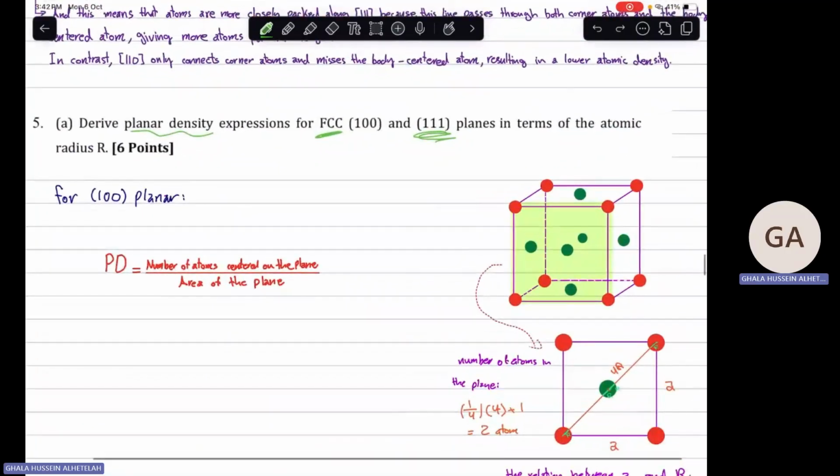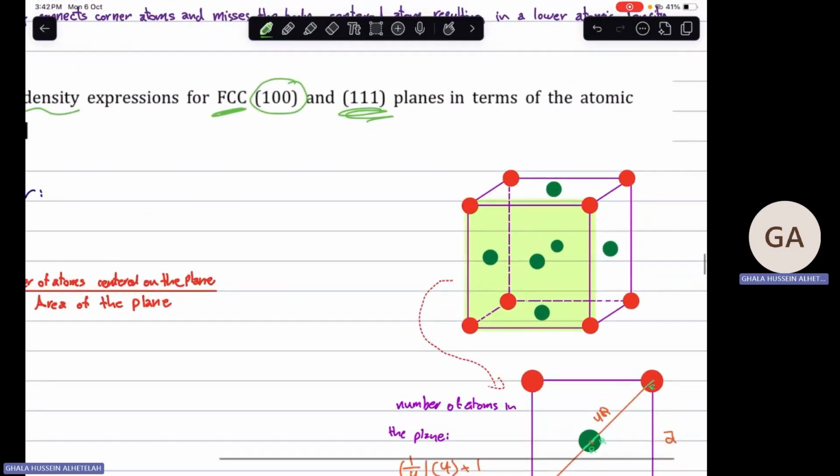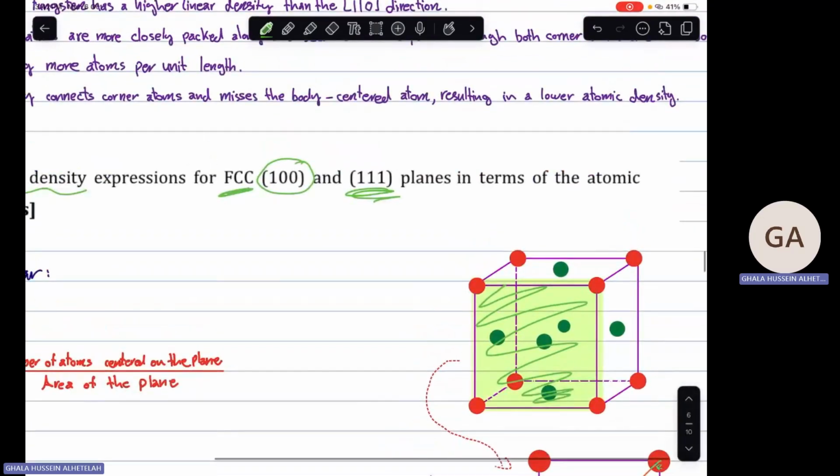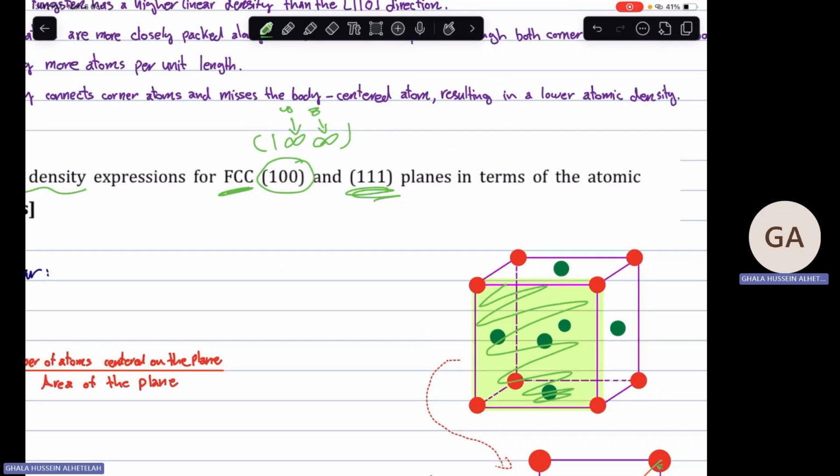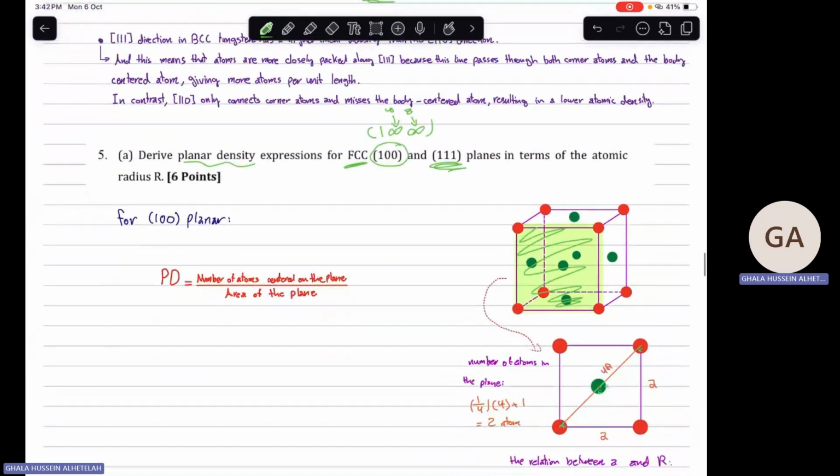He asked us to find also for 100. Where is the 100 plane going to be? It is going to be the front one. Let's find the reciprocal: 1, infinity, infinity. It is parallel to the y-axis and also parallel to the z-axis, so it will be represented as this plane.